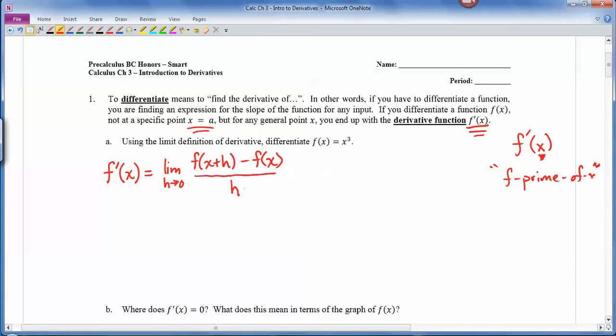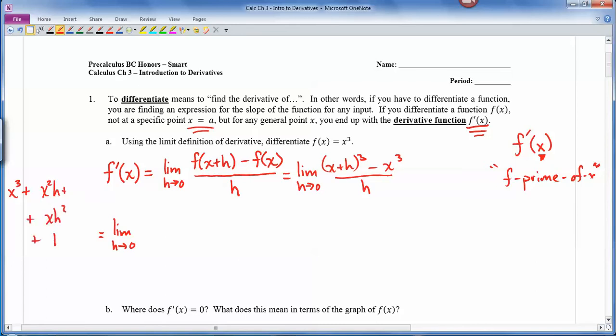And so now it's a problem just like last chapter. If I work this out, we've got the limit as h goes to 0 of (x plus h) cubed minus x cubed, all over h. You could work out the (x plus h) cubed by doing x cubed plus something x squared h plus something x h squared plus something h cubed.